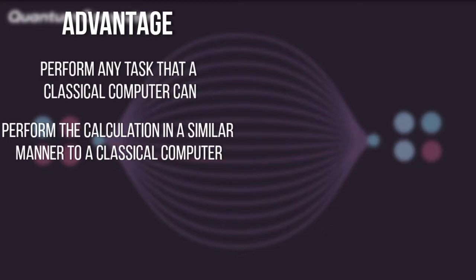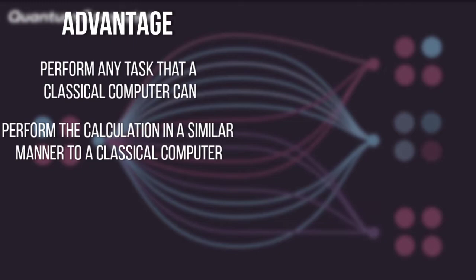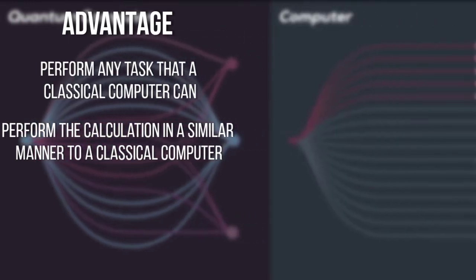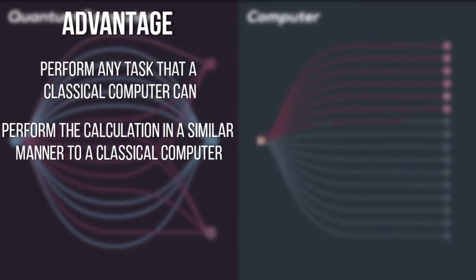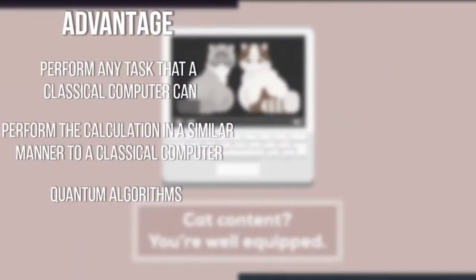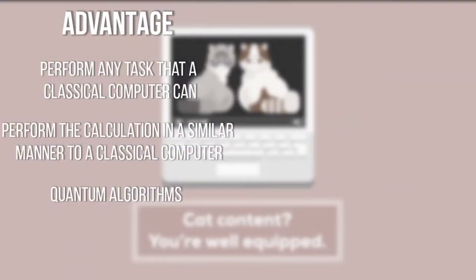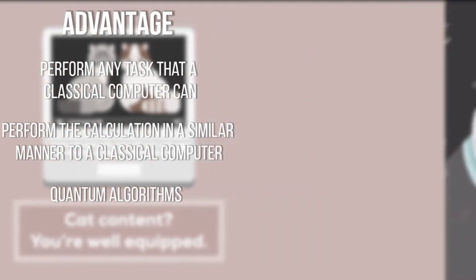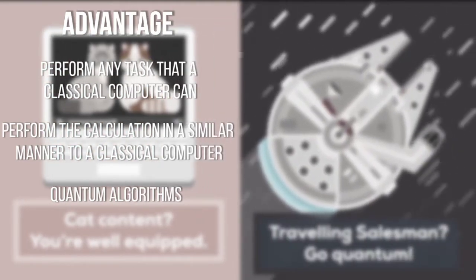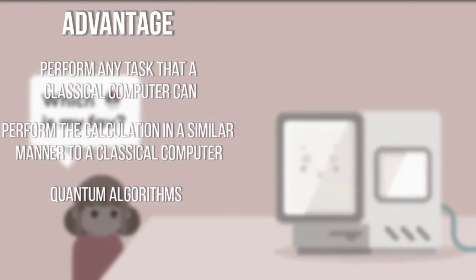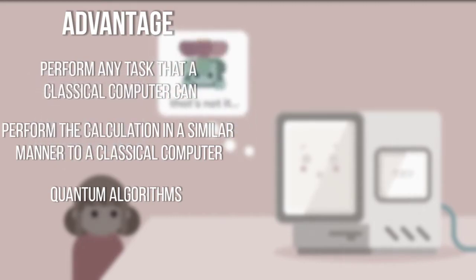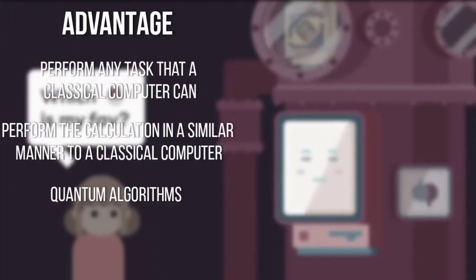In order for a quantum computer to show its superiority, it needs to use what we call quantum algorithms, which can exploit the phenomenon of quantum parallelism. In other words, if we just repeat the same algorithms, there is not much to be gained.